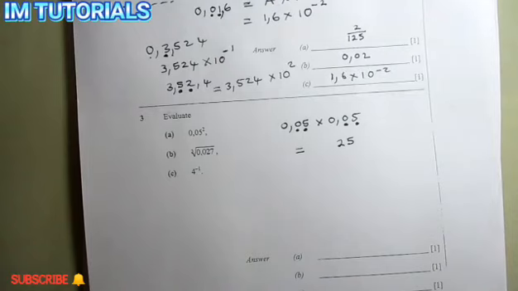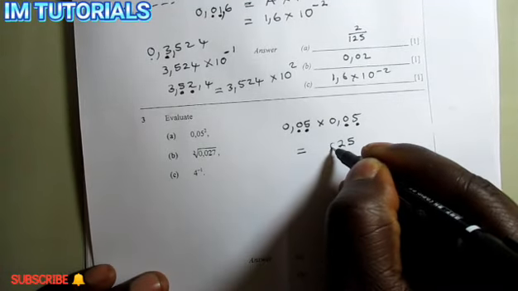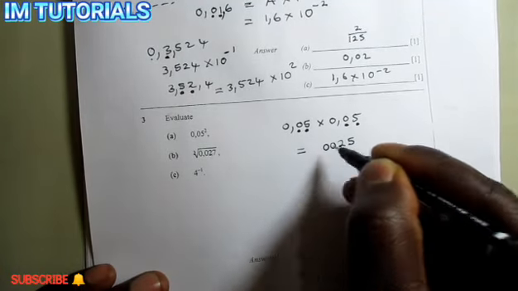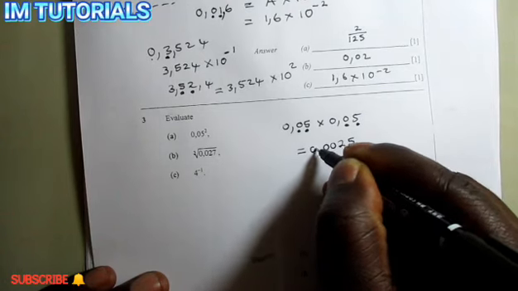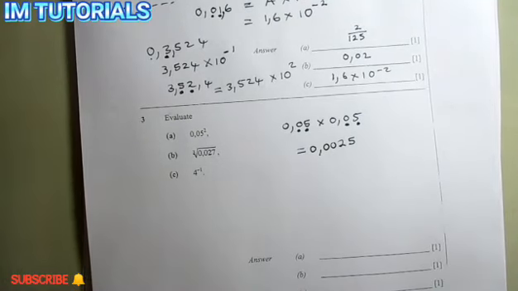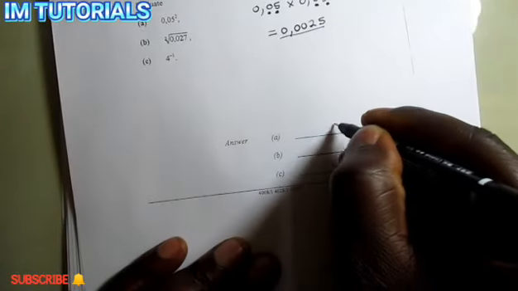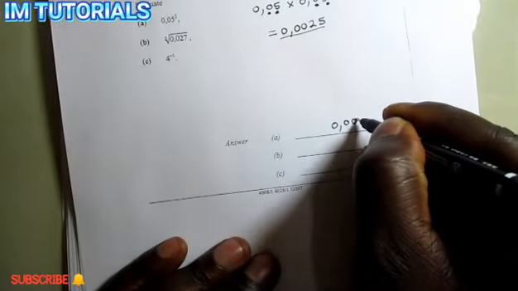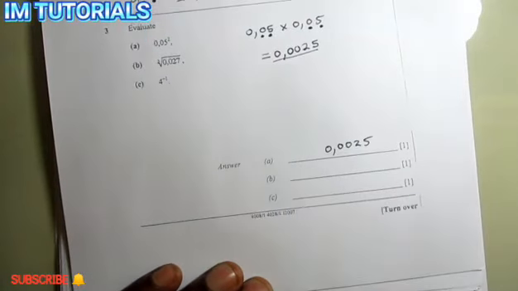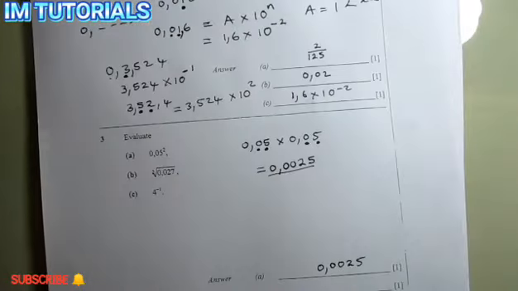So your final answer must have 4 digits after the comma. So I'm going to put 2 zeros before the 25 so that we have 4 numbers after the comma. Then you are home and dry. So I'm going to write 0,0025 as my answer there. All right. Then we move on to part B.